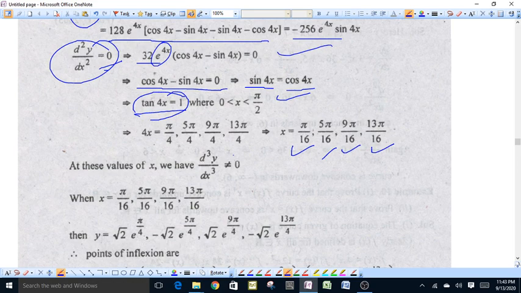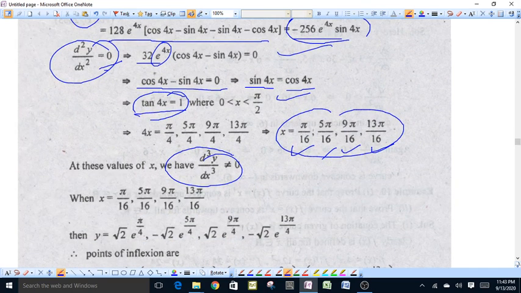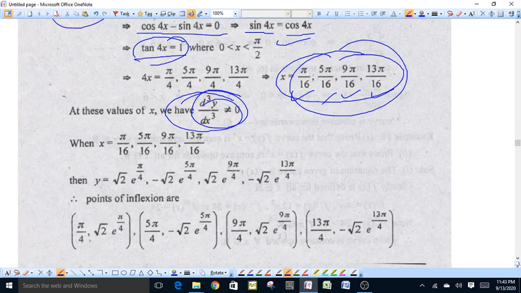If we put all these values in third order derivative, that is in minus 256 e raised to power 4x sin 4x, we get that this third order derivative is never 0 for all these values of x. This means these are the points of inflection.